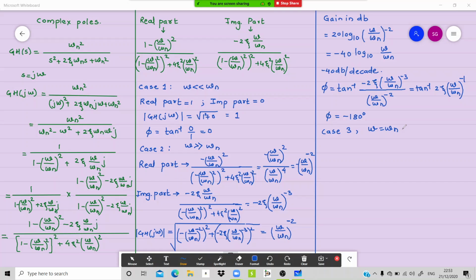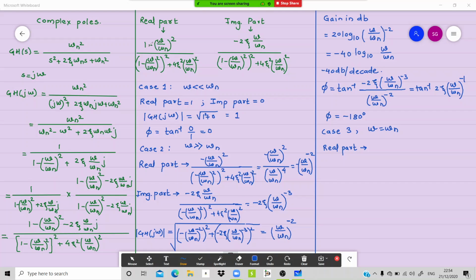Just a minute. When this thing is equal, we'll try to substitute in the real part and the imaginary part. So I'm writing for the real part. See now, when they are equal, it is 1.